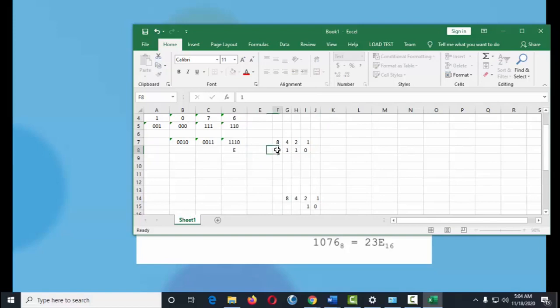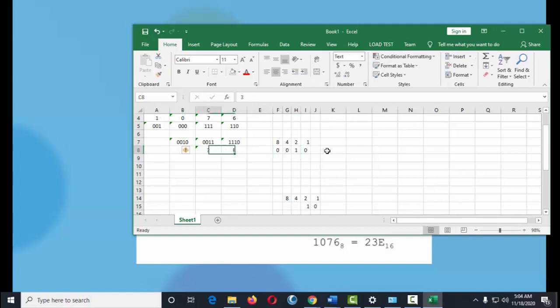Okay, the next one is, this is the only 1 1, and then this is 0 0, so we add the 2 and the 1. So 2 plus 1 is equal to 3. And then finally is the 0 0 1 0.